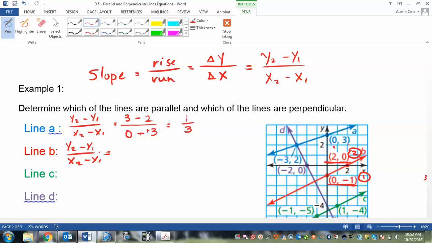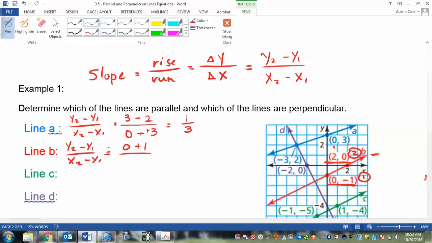Okay, here we go. So y2 is going to be what? You say it. 0. So it's going to be 0 minus y1, which is, Pierce? -1, so we're going to be minusing a -1, which is plus. And then we're going to go to our x's.